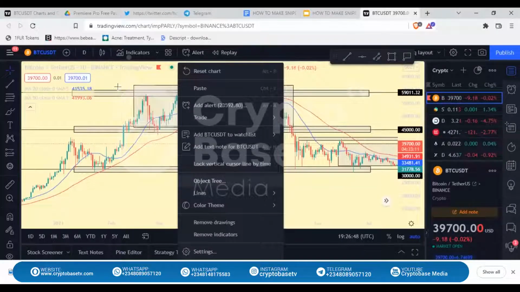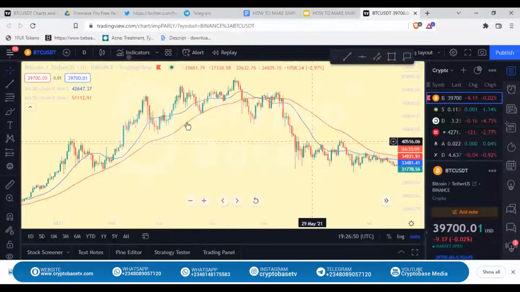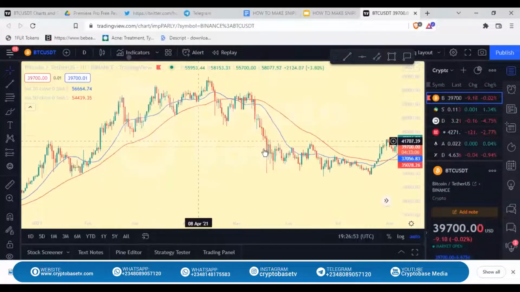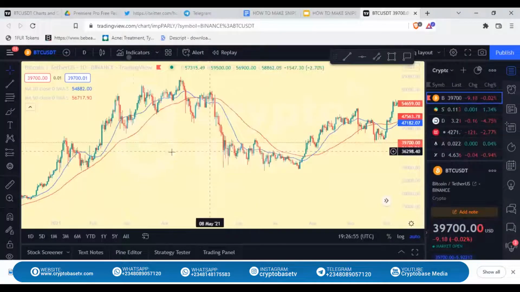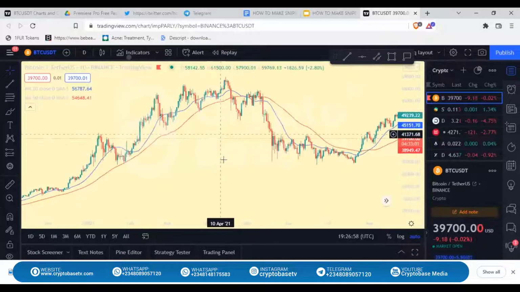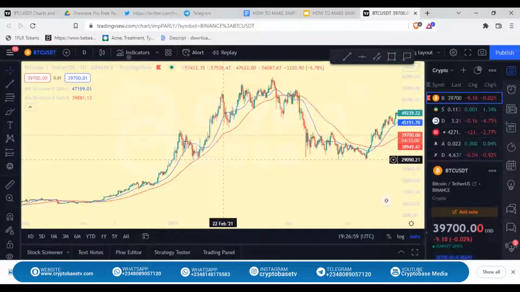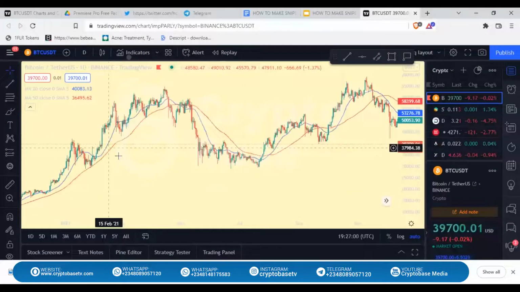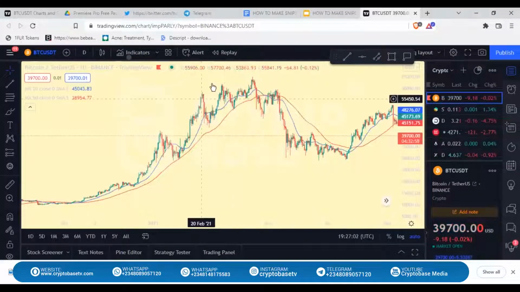Okay, great. So in any price chart you see, in any price pattern, in any candlestick chart, there's definitely going to be what we call support and resistance.